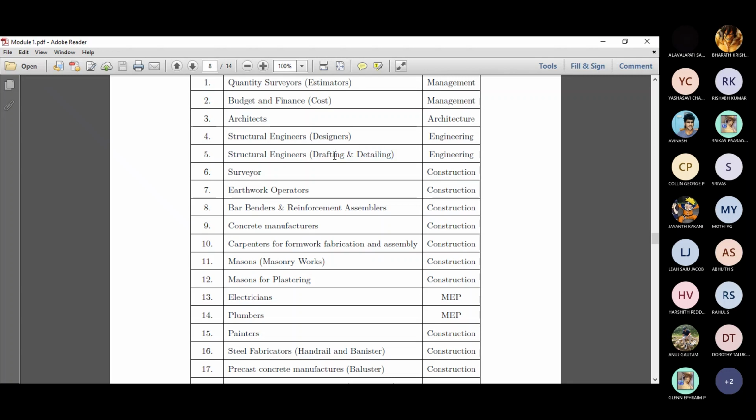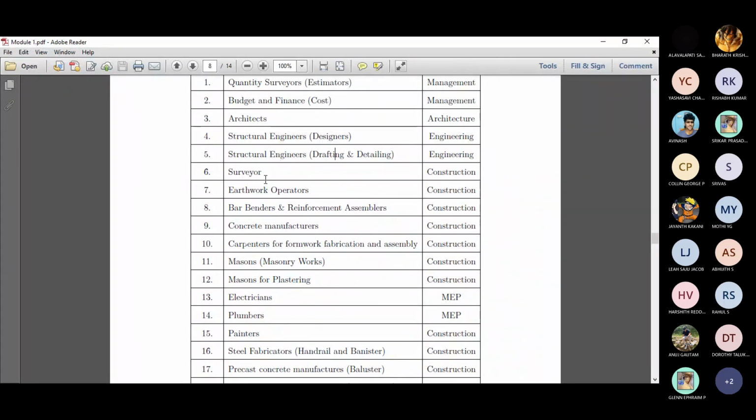Earlier, draftsmen used to prepare structural detailing also, but now in bigger companies only engineers prepare detailing and drafting, but with the help of draftsmen they develop the drafting or a layout plan. Right? That's why I put it under engineering.